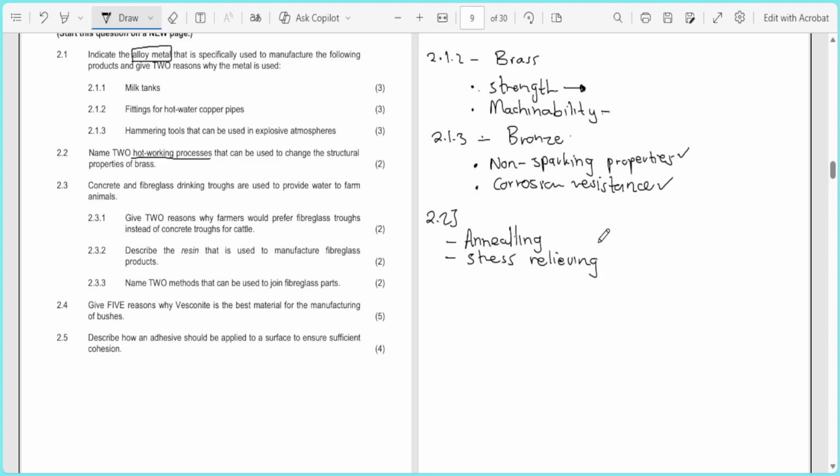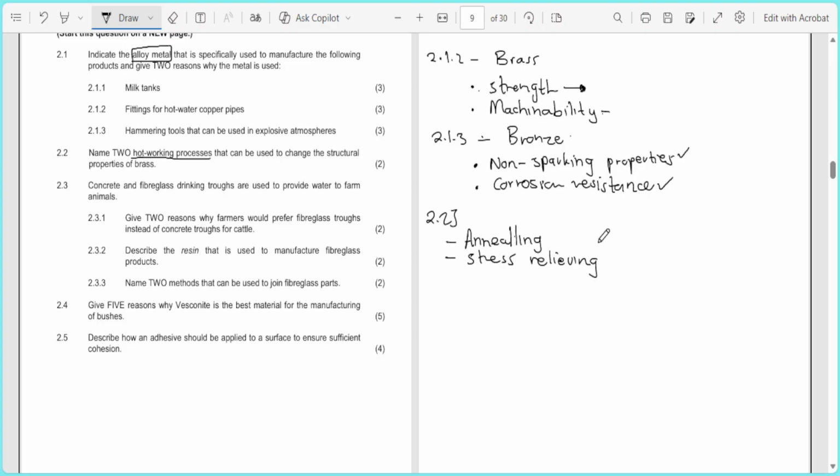Annealing is heating brass above its recrystallization temperature and then slowly cooling it to soften it. It does relieve the internal stresses and improve ductility for further shaping.